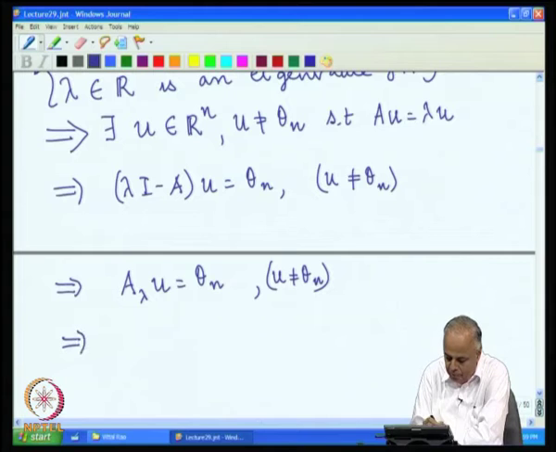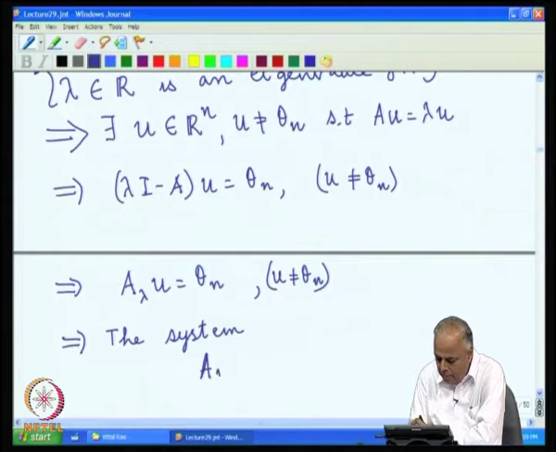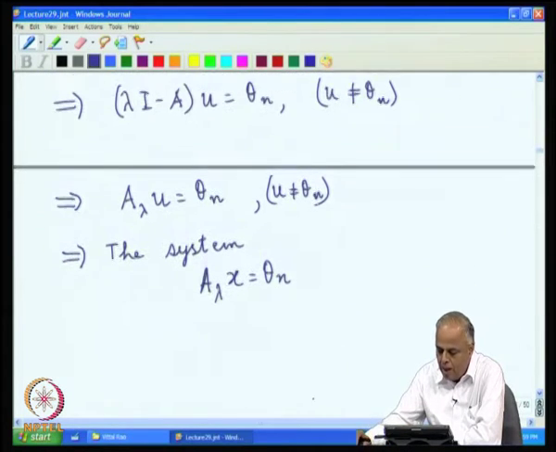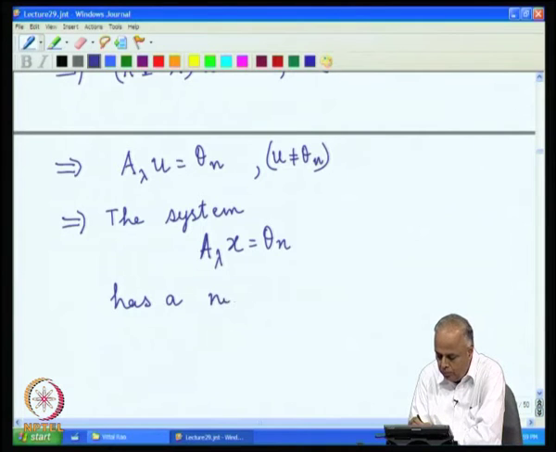This says the system A lambda x equals theta n has a non-trivial solution u.